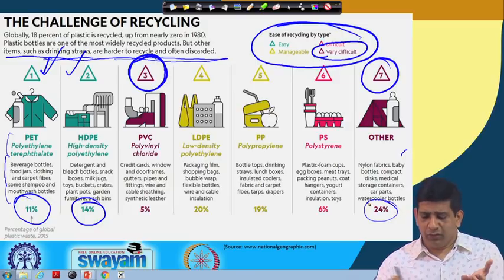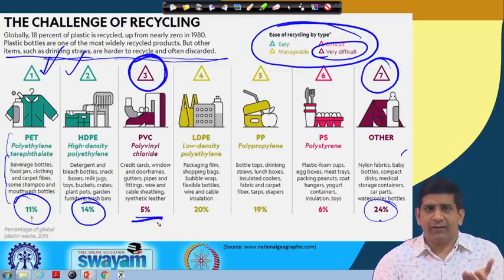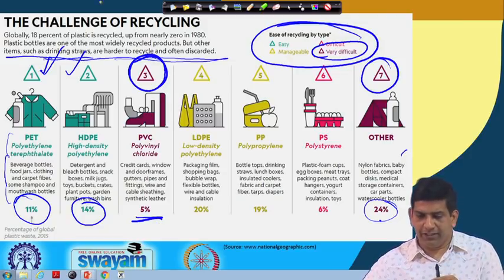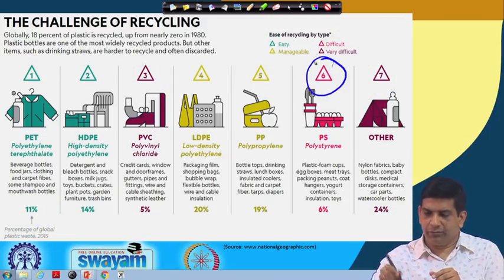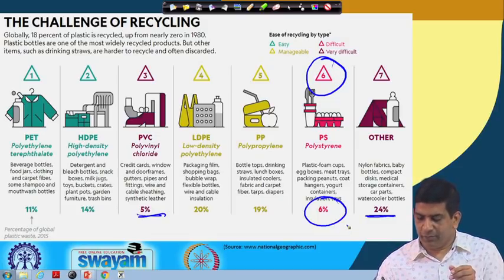So a quarter, 24% and 5%, so 29%. Slightly less than 1/3 of the plastic waste really cannot be recycled. And if you include the difficult part, the pink or reddish triangle, which is 6%, so 6 plus 24 plus 5, we are looking at 29 plus 6, 35%.